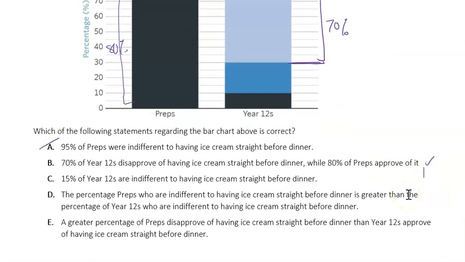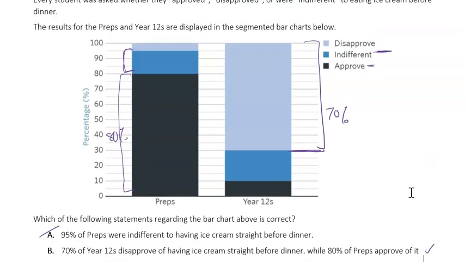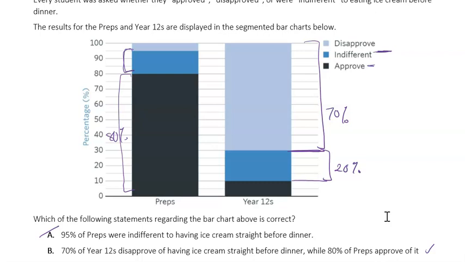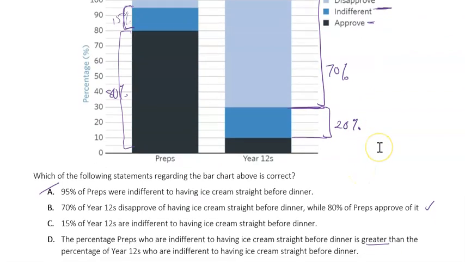So C, 15% of the Year 12s are indifferent. Looking at our indifferent, we're going between 10 and 30. So that's actually 20%, so not statement C. D, the percentage of Preps who are indifferent to having ice cream straight before dinner is greater than the percentage of Year 12s. So indifferent, the blue section, we can see we've got about 15% of our Preps, 20% of Year 12, so that's not correct.